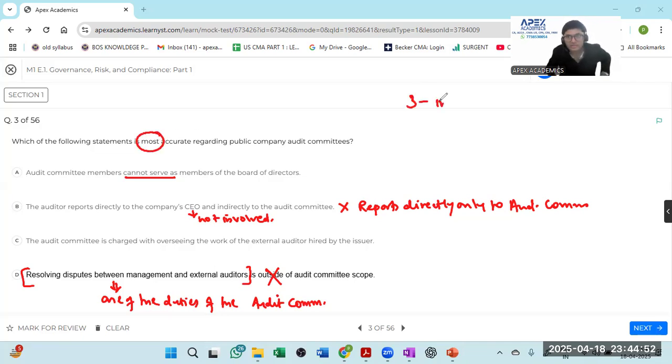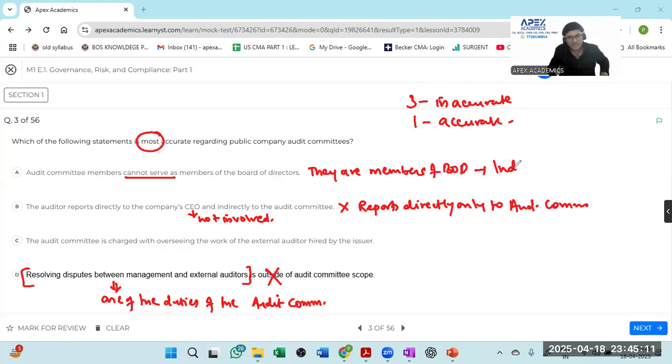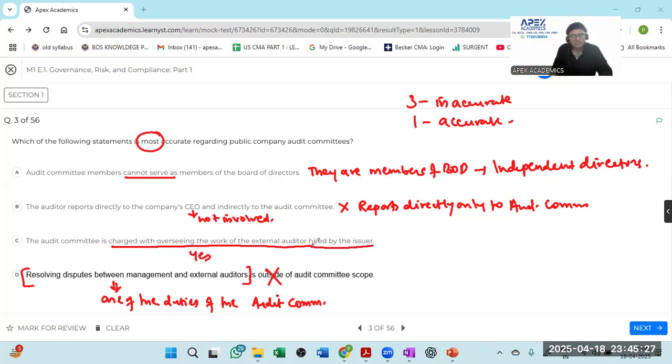Three statements are inaccurate and one statement is accurate. The audit committee members cannot serve as member of board of directors: wrong. They are members of the board of directors, just that they are independent directors. Please keep that much in mind. So the audit committee is charged with overseeing the work of the external auditor, who is hired by the issuer. Please try to understand.